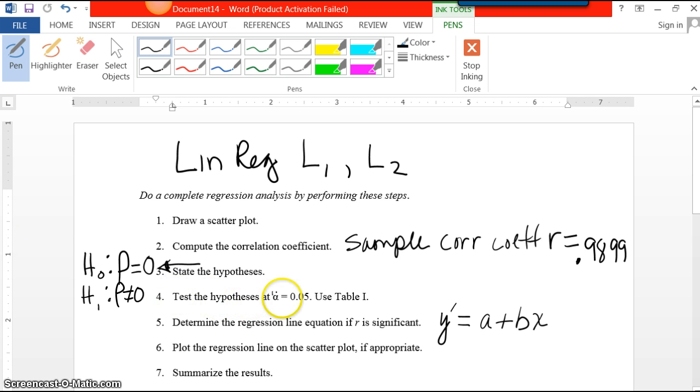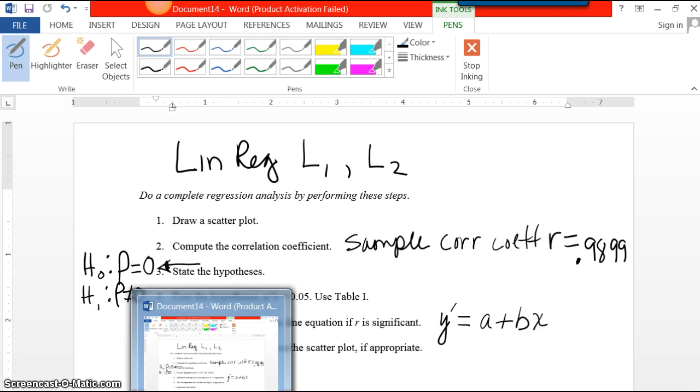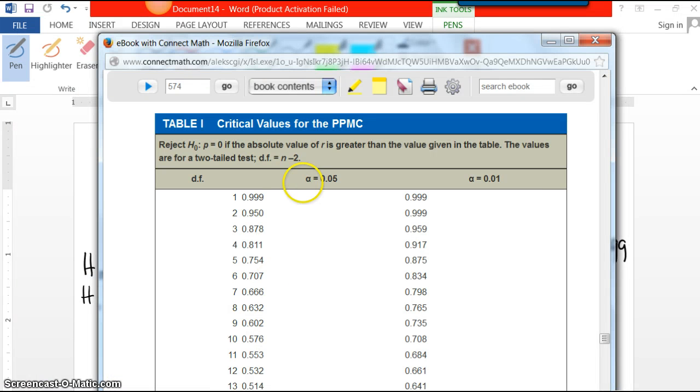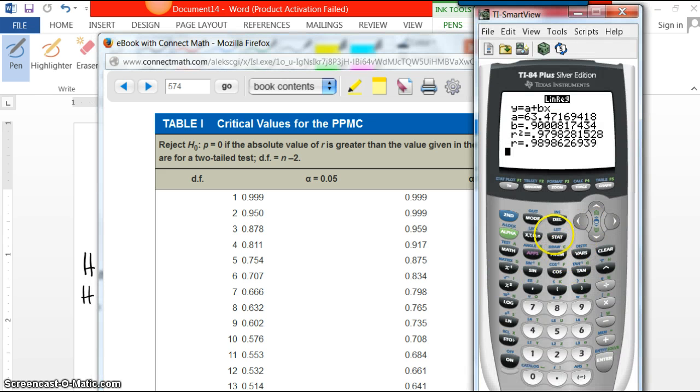So we're going to test it by using table I. I'm going to bring up table I. On table I, the degrees of freedom are n-2, and I believe that we had 6 ordered pairs of data. Let me look at this a second. We did. We had 6 ordered pairs of data.